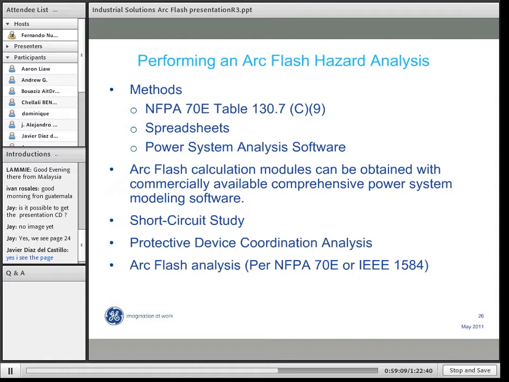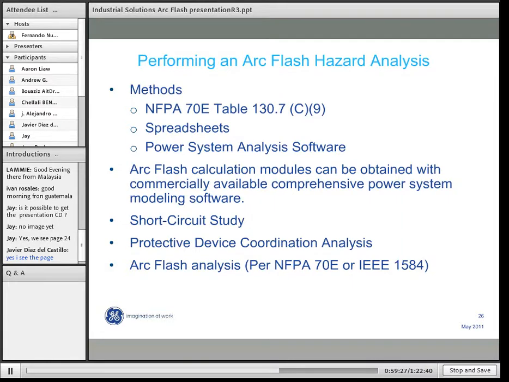It's recommended that before doing the arc flash hazard analysis, you do a short circuit and protective device coordination study so that you know what the short circuit currents are and what the arcing fault durations are going to be.